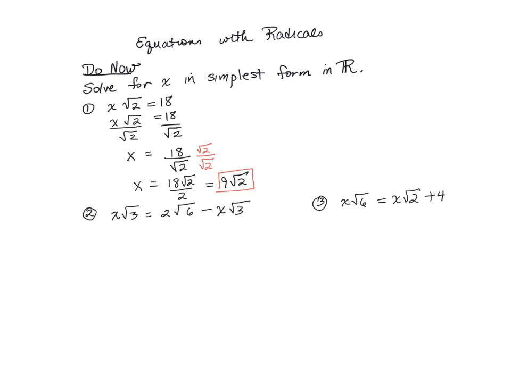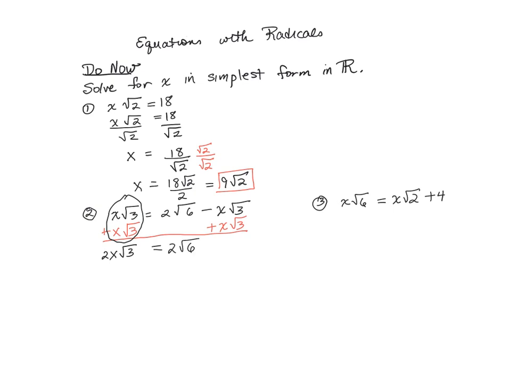Okay, so to solve the second one, the idea is that in algebra, if we ever want to solve for the variable, anything attached to the variable should go on the same side. So in number 2, we will add x root 3 on each side. And because these are like radicals, we'll get 2x times the square root of 3 equals 2 root 6.